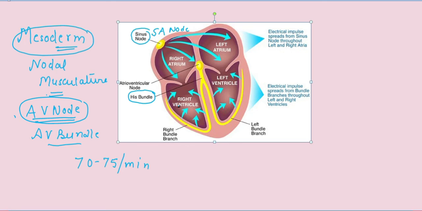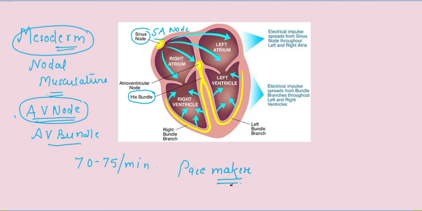The SA node is responsible for initiating and maintaining the rhythmic contractile activity of the heart, and this is the reason the SA node is called the pacemaker. Our heart normally beats 70 to 75 times in a minute, on average 72 beats per minute.